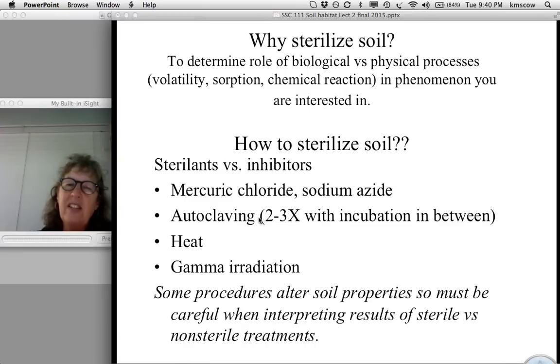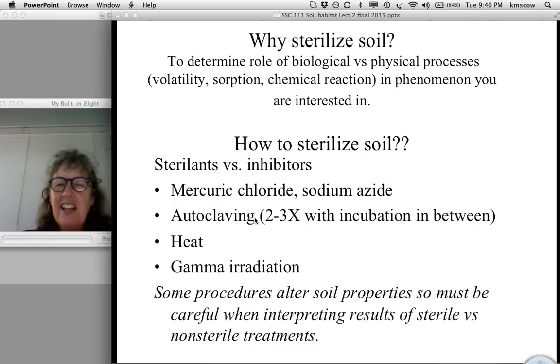Okay, autoclaving is another way, and often autoclaving involves 2 to 3 separate autoclave events with incubation periods in between. So you put it in the autoclave and clobber it, and then you put it at room temperature, and you encourage all those endospore forming organisms, those Clostridia and Bacillus, who managed to survive the first autoclave, to come back out and take over.